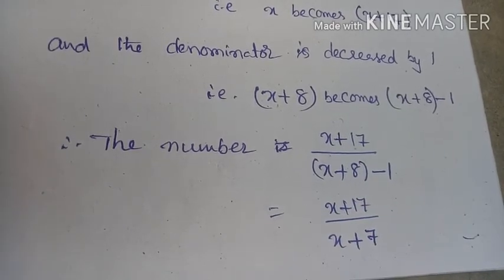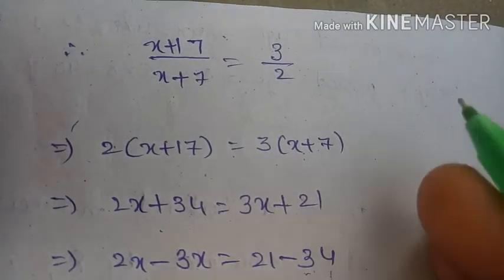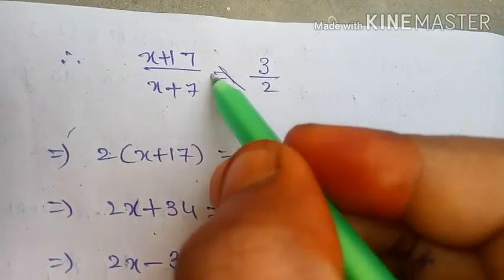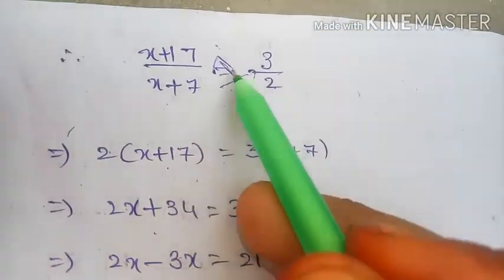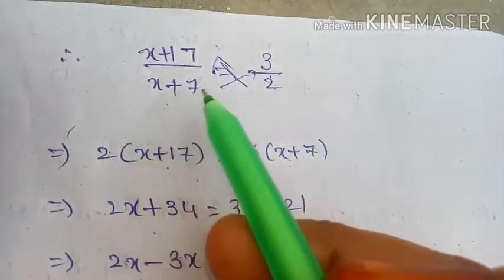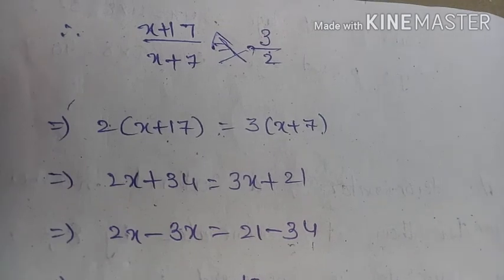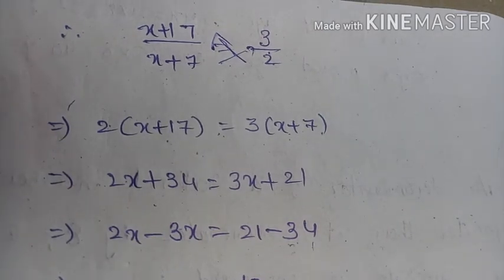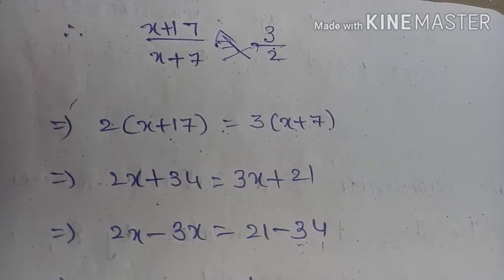Okay, next we obtain 3 by 2. Now do the cross multiplication. 2 into x plus 17 is equal to 3 into x plus 7. Okay, now we got the general form of a linear equation having variables on both sides.